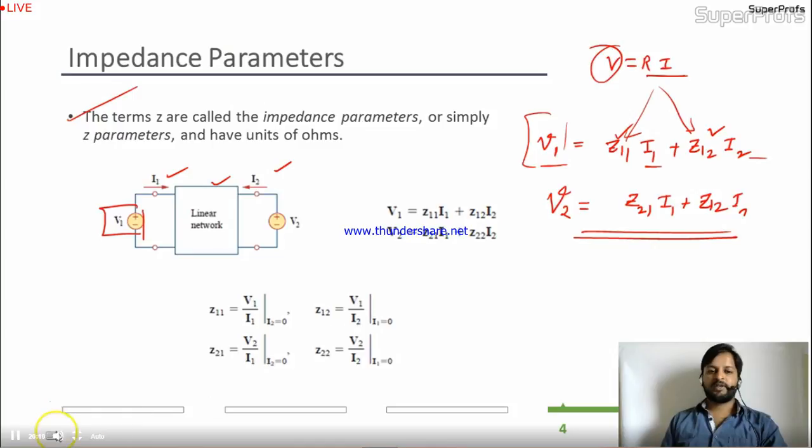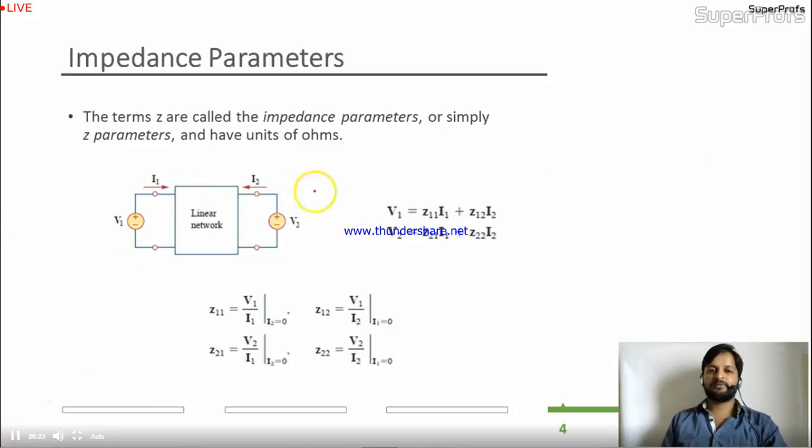Now, can we calculate V1, V2, I1, I2 separately? Yes, we can calculate. How? If you want to calculate V1 by I1, means you want to calculate Z11, the input stage impedance, only input stage impedance. So you have to make sure that your I2 should be 0.